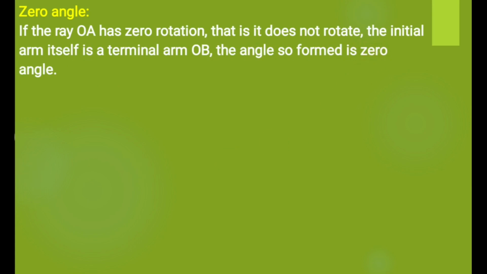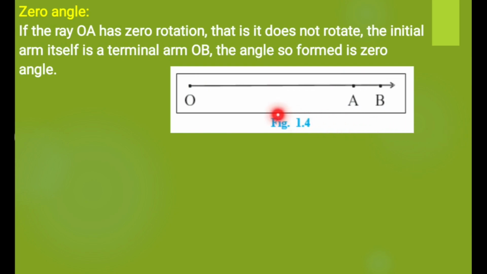That means if the initial arm and terminal arm are at the same position, then the angle made by OA is a zero angle. So in this figure you observe OA and OB are on the same line or the same ray. So here if we measure the angle, we get zero angle.